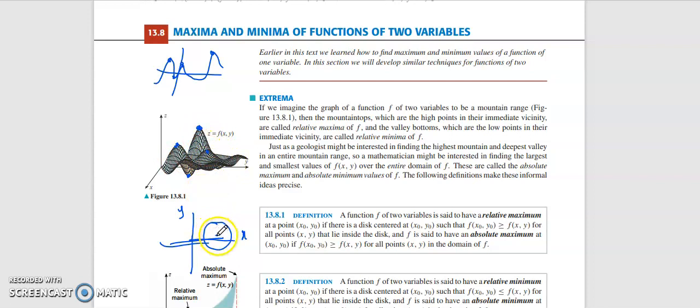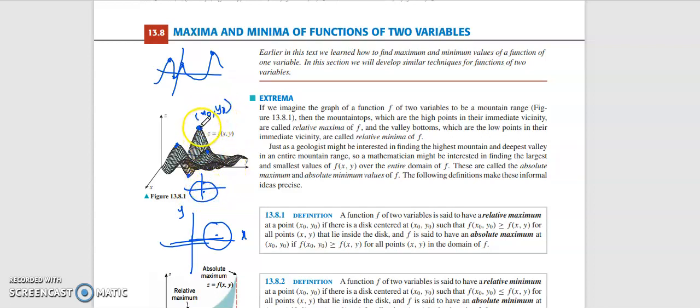So when I take a disk which is centered at the point, this is your point x0 y0. Corresponding to x0 y0, there is a disk down in the XY plane. For all points in that disk, f of x0 y0 is greater than or equal to f of xy.